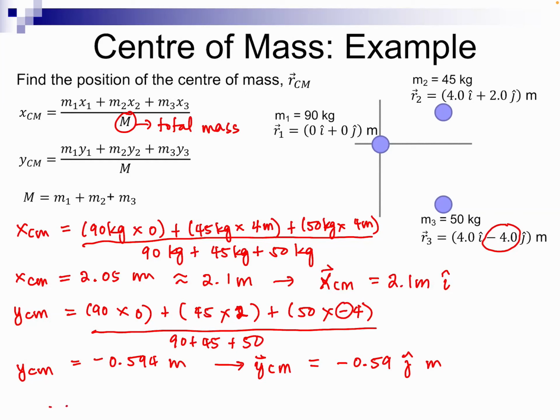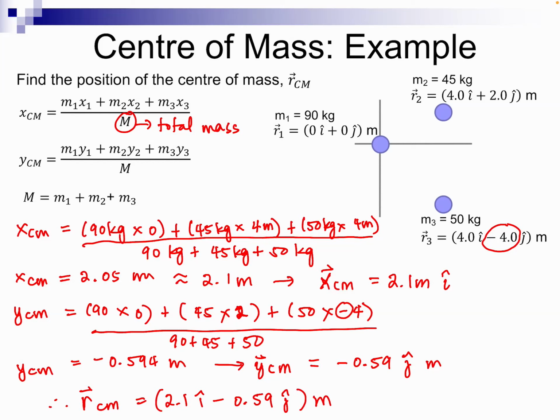So therefore, the overall position of the center of mass, vector R, now considers the x and y components. So the overall position will be 2.1 in the i hat direction minus 0.59 in the j hat direction. And don't forget the units. We're talking about position, so that will be a unit of meters.